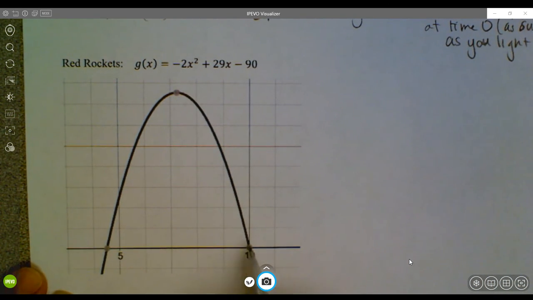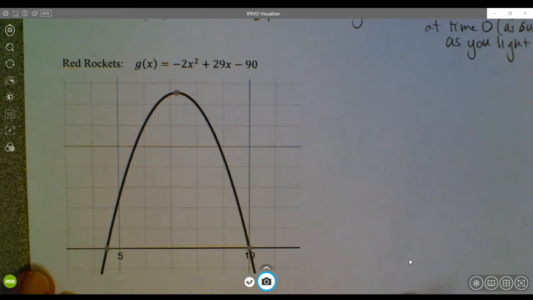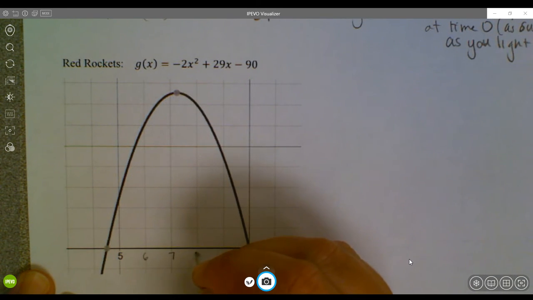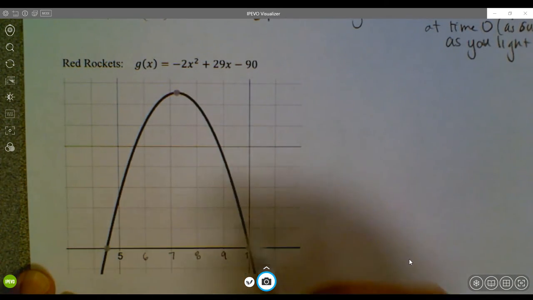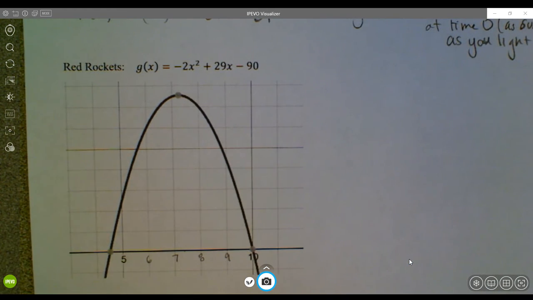There's another 0 here. The maximum is here. That's what I'm looking for. I'm going to guess it's going to be 7 point something, but 7 point something doesn't work for me. I need an exact answer. I need the x-coordinate of my vertex.